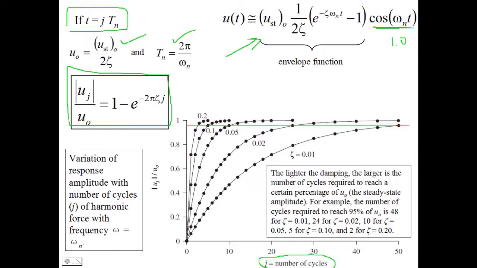For example, the number of cycles required to reach 95% of U0 is 48 for zeta equals 1%, 24 for zeta equals 2%, 10 for zeta equals 5%, 5 for zeta equals 10%, and 2 for zeta equals 20%.